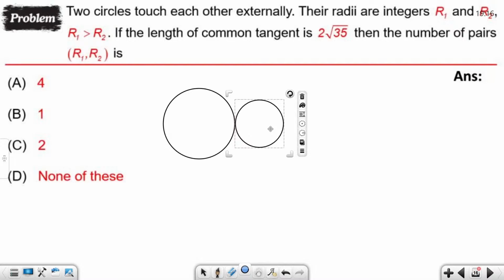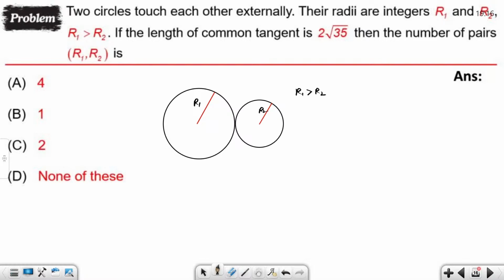So the radius of the first one is R1, capital R1, and this is my capital R2. These are the two radii, where R1 is greater than R2, right?